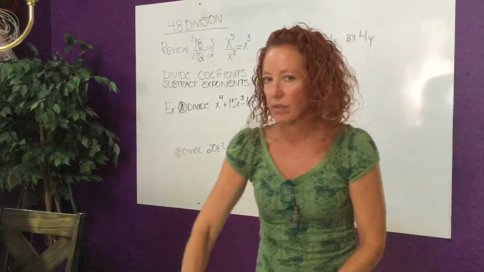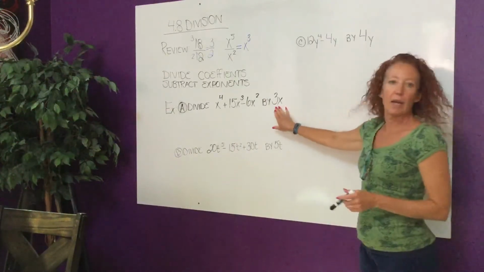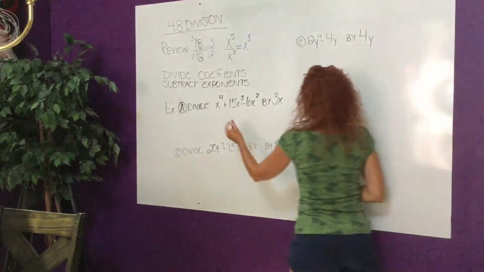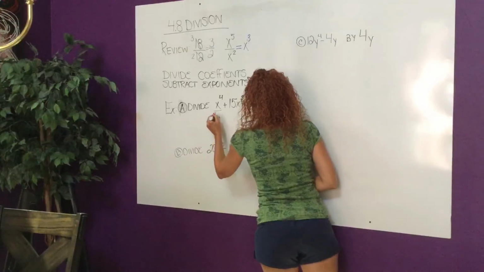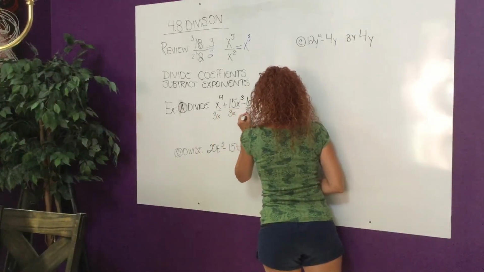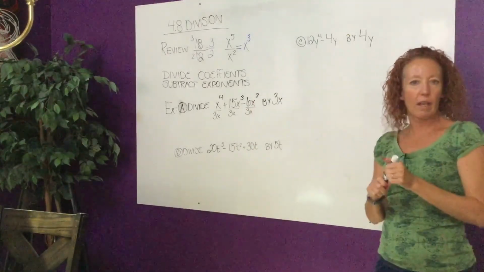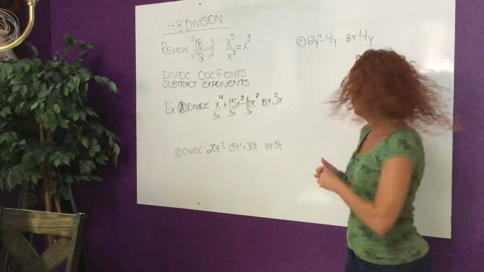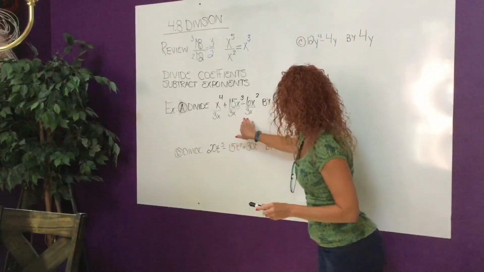Well, first of all, I would probably write the divisor underneath each piece individually. All right, so the first thing I would do is whatever you're dividing by, go ahead and write that underneath each term.